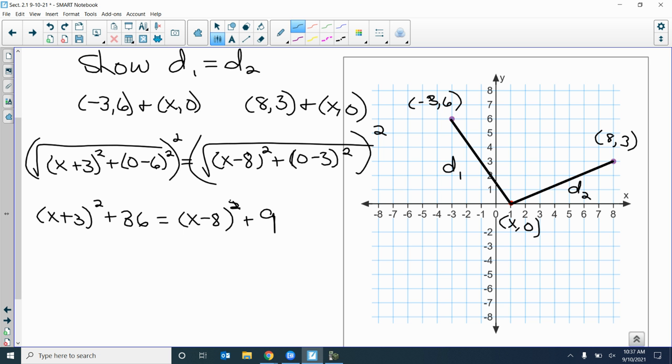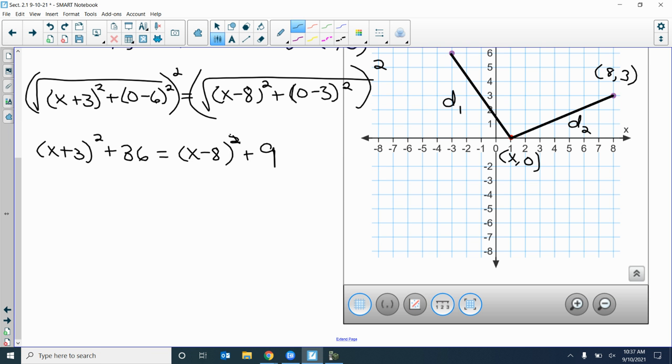On each side, when I do (x plus 3) squared, that gives me x squared plus 6x plus 9, plus 36, equals x squared minus 16x plus 64, plus 9.